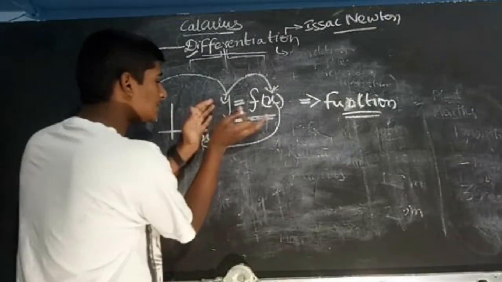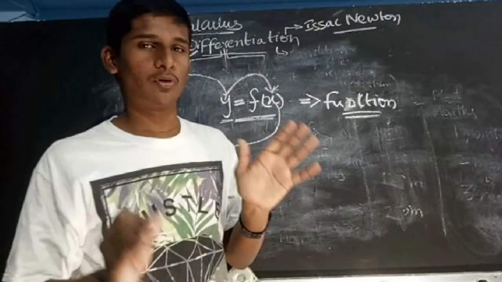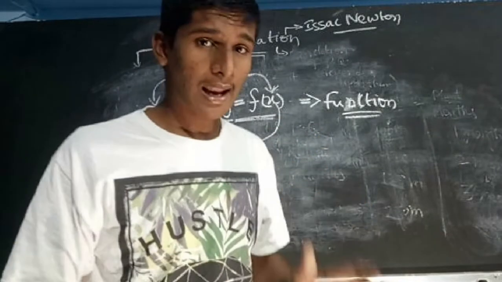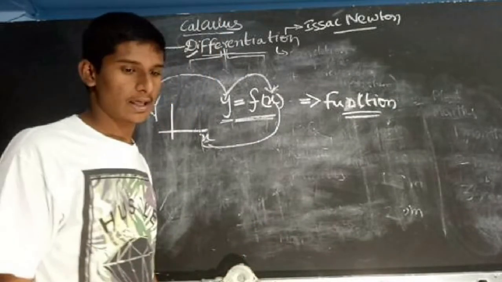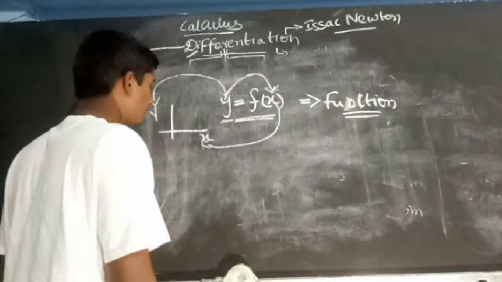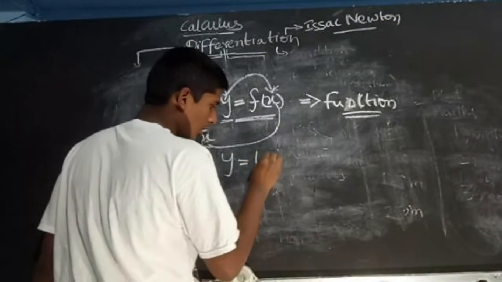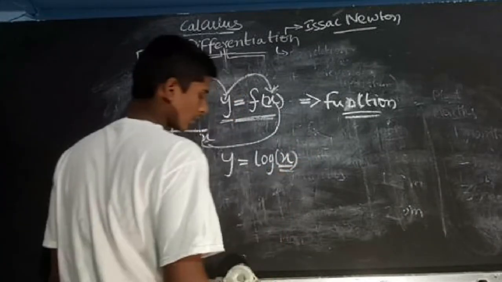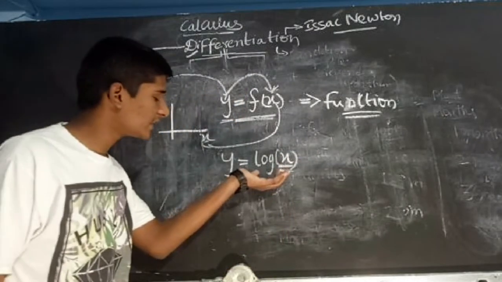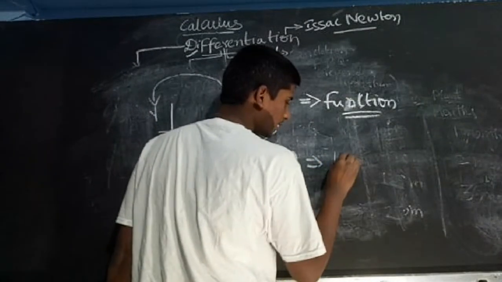So like this, we have many types of equations that we have to learn in this chapter. They will give questions like y equal to log of x. Here log has come, so it is called a logarithmic function.